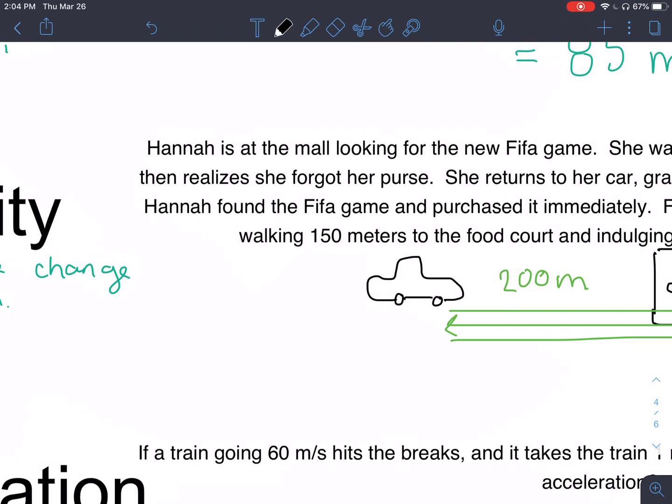Sorry about that. Hannah's trip took 8 minutes. What is the velocity in meters per second?